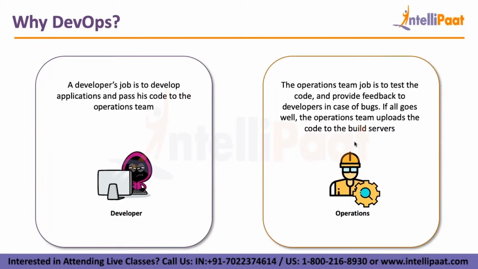Whatever requirements he is given have to be converted into a software application, which is then forwarded to the operations team, where the testers test the application. Once the test is successful, it is forwarded to the system admins, who make the application available on the main server.